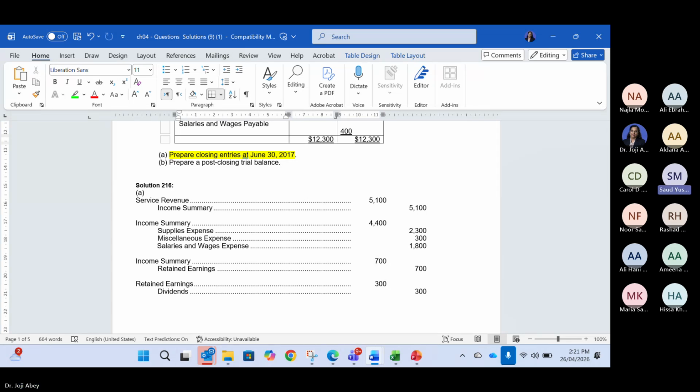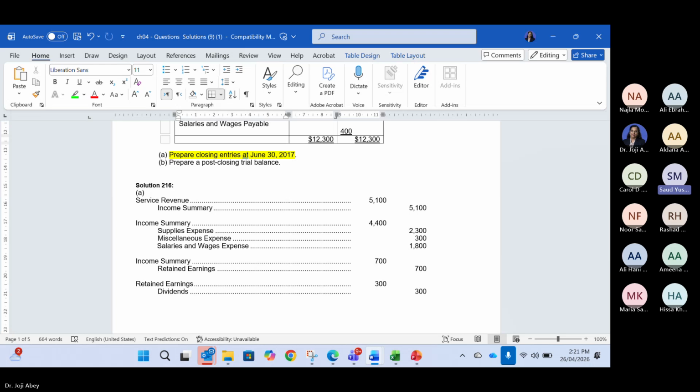Yes, I have one question. Why income summary 4,400? You add the expenses: 2,300 plus 300, 2,600 plus 1,800.